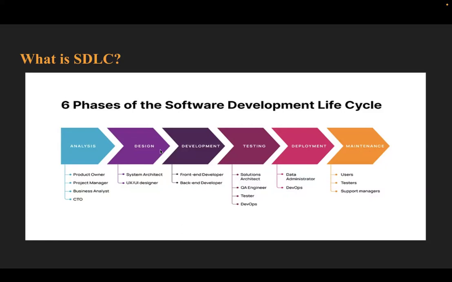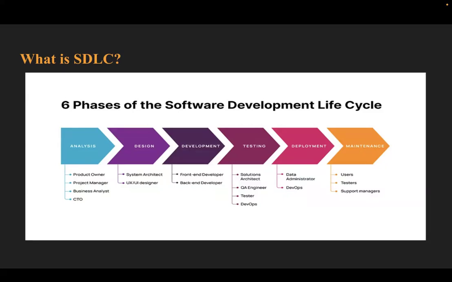Once the design is completed, it goes to development. In the development phase, developers choose a programming language based on their best practices for the application. Suppose they have chosen Java. They will develop their applications and microservices in the development phase.